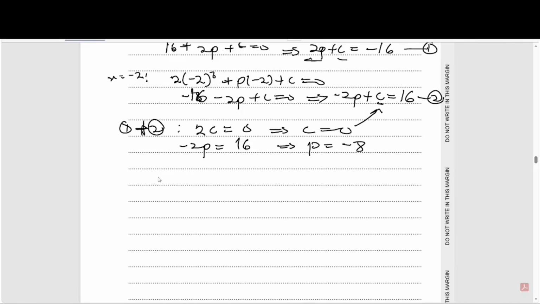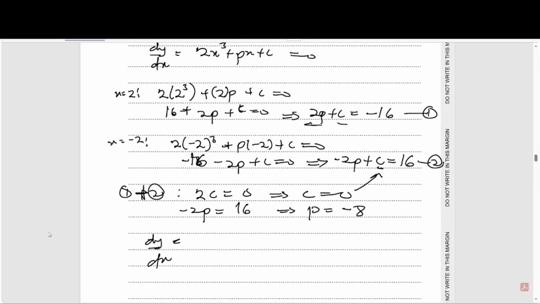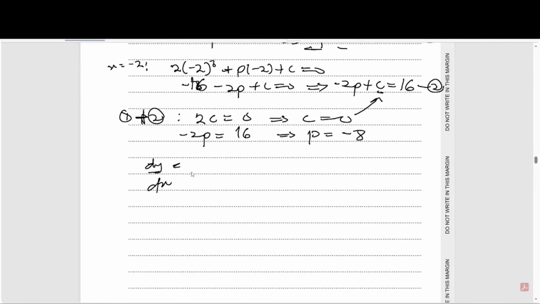Now you can rewrite the first derivative by replacing c and p by their respective values. So the first derivative is equal to 2x cubed plus px, and now p is -8, so -8x, and c is 0, which is better not written.